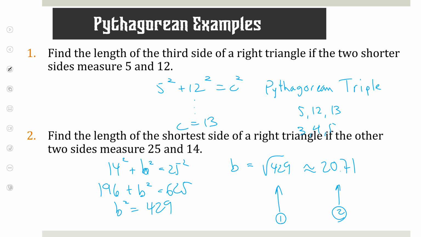What's wrong with that answer? Well, I know that this has to be less than 25 because 25 is the hypotenuse. But again, in this problem, it doesn't matter. You can give either or both. You will see, however, in a little bit, I'm going to be very specific as to what I'm looking for. It will say, give an exact answer, give an approximate answer. We'll talk about that when we get to it.